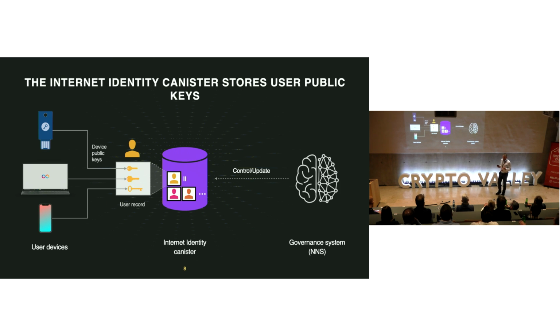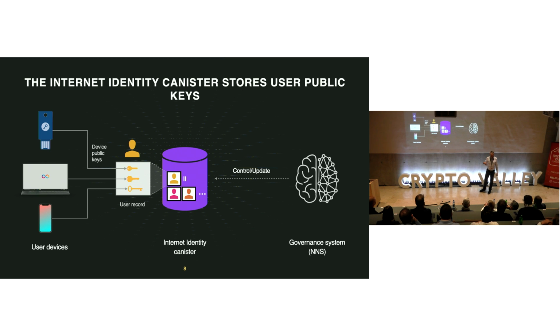What we do in addition is, as I said, we build on smart contracts. Internet Identity is based on a smart contract that users can use to register multiple devices under the same identity. This smart contract runs on the Internet Computer. It's controlled by the decentralized governance system.